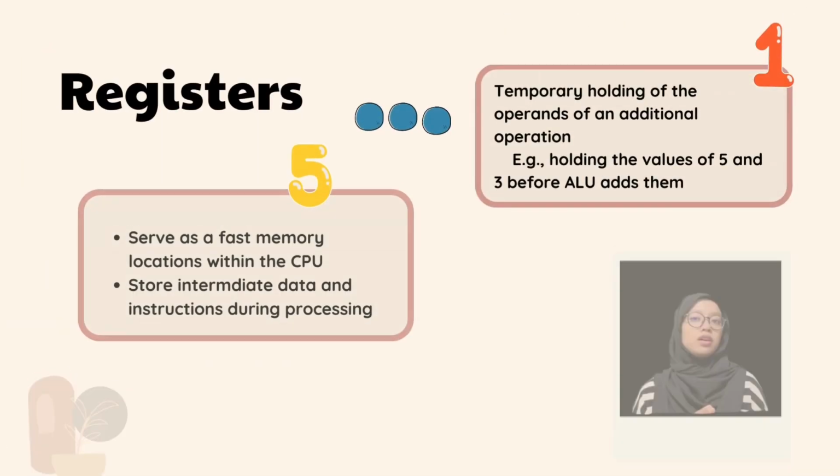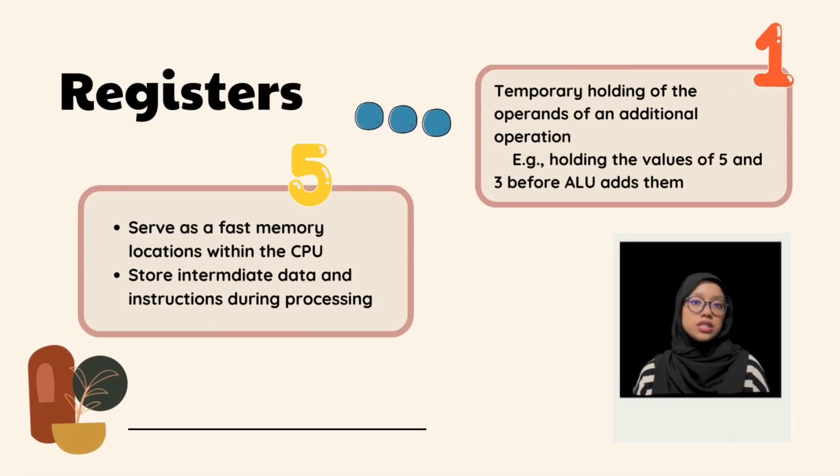The third main component in the processor is the register. So what does the register do? It serves as a fast memory location within the CPU. It also stores intermediate data and instructions during processing. An example of what the register does is that it temporarily holds the operands of an addition operation.